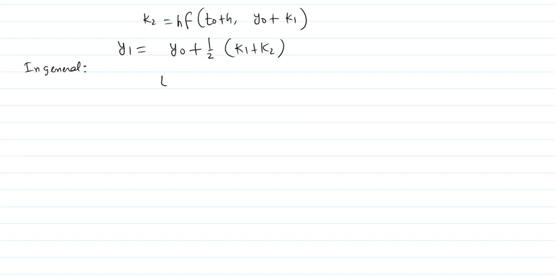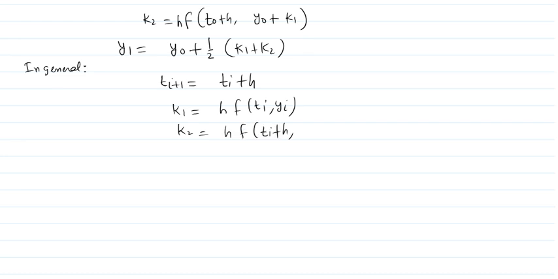So in general we write the next point t(i+1), that is ti plus h, and we calculate two numbers: k1, that is at the ith level, and k2, which is h f(ti plus h, yi plus k1), and the solution at t(i+1), which is y(i+1), is just yi plus 1 by 2 (k1 plus k2).